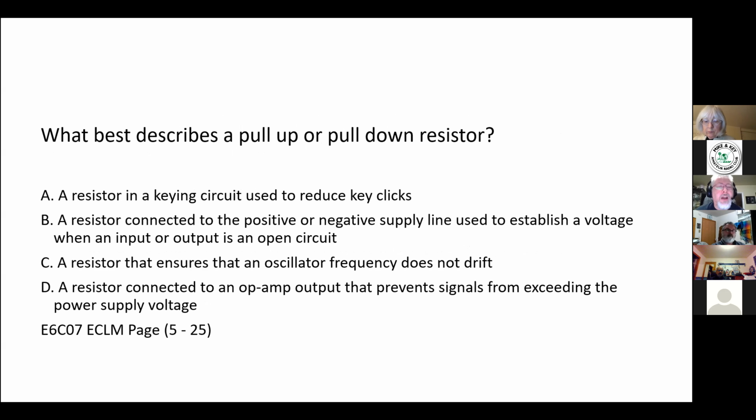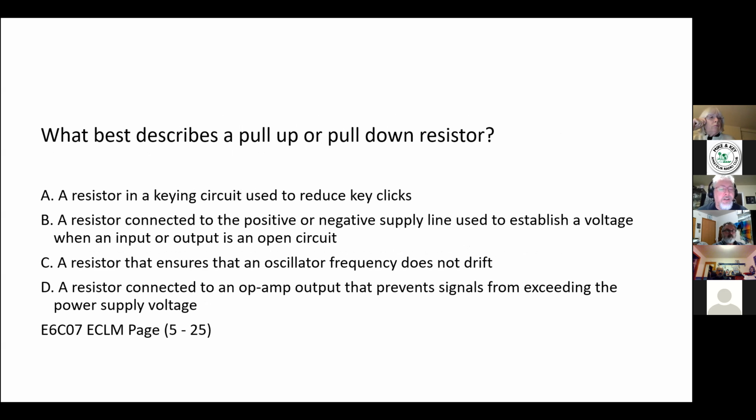What best describes a pull-up or a pull-down resistor? A, a resistor in a keying circuit used to reduce key clicks. B, a resistor connected to the positive or negative supply line used to establish a voltage when an input or output is an open circuit.